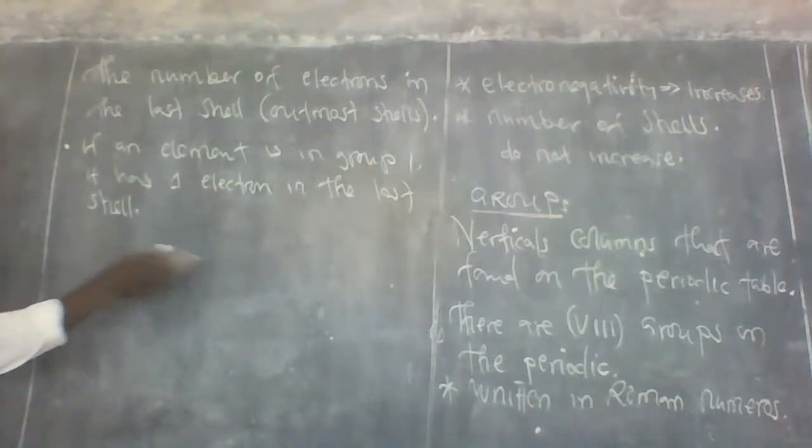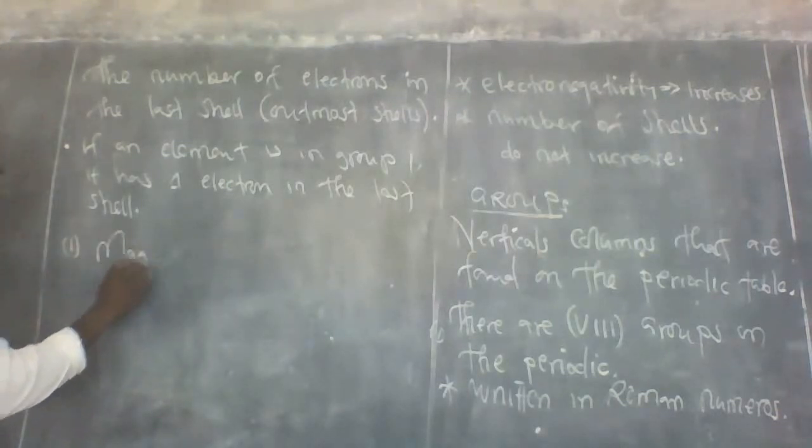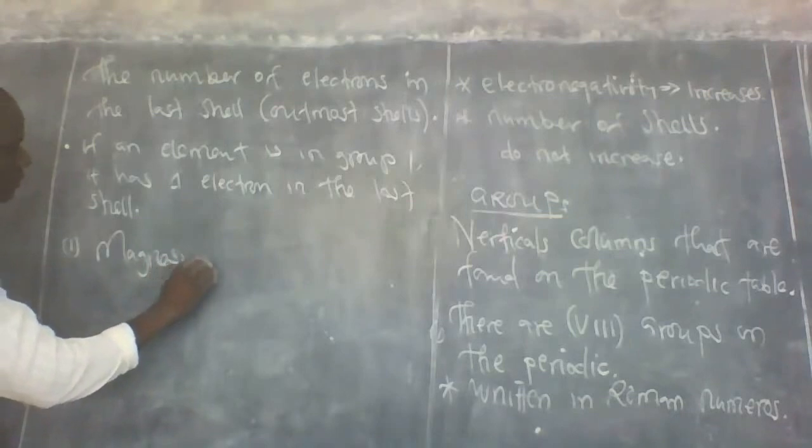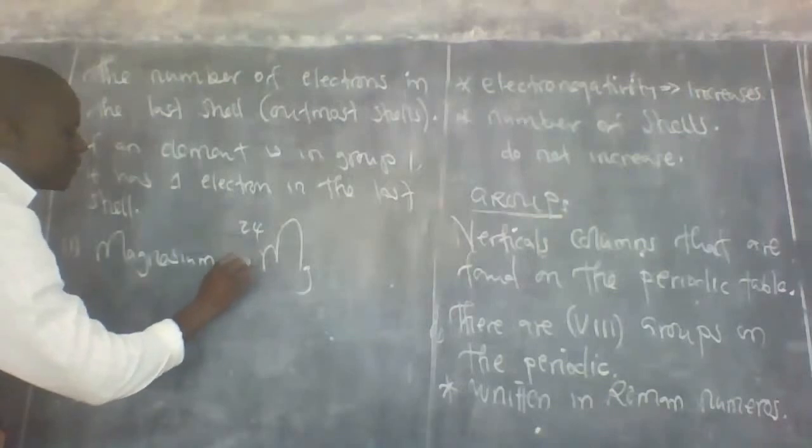We can pick the same elements that we looked at, magnesium, which was written Mg 24, 12.